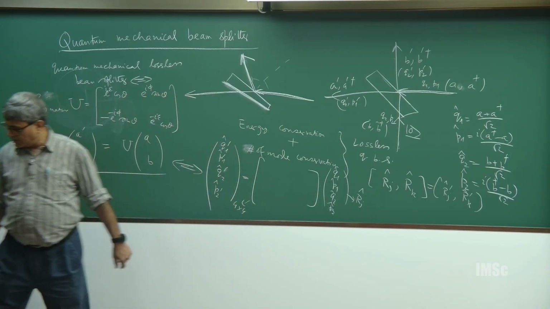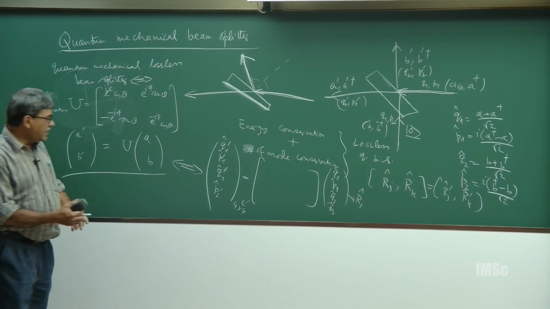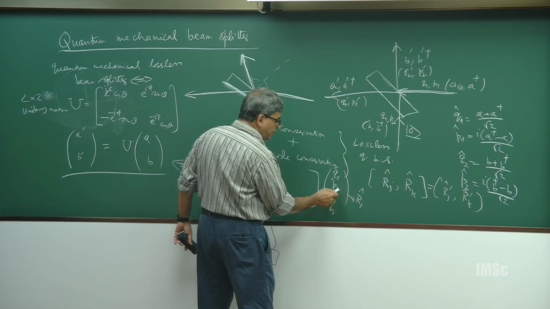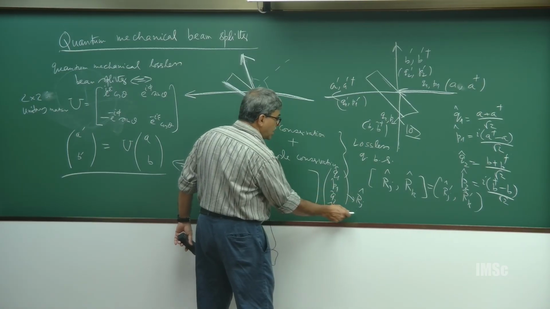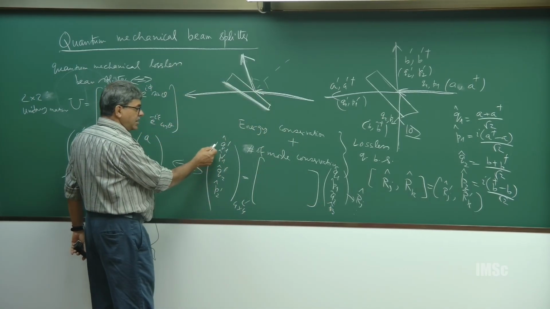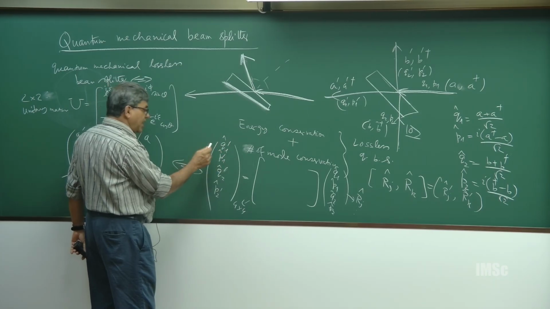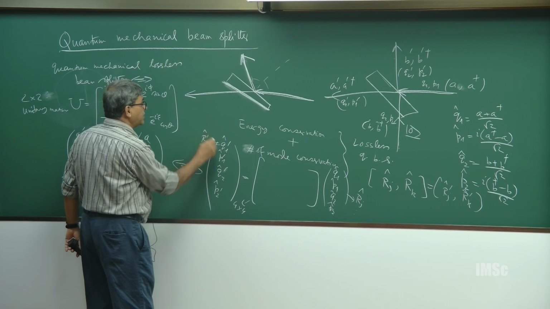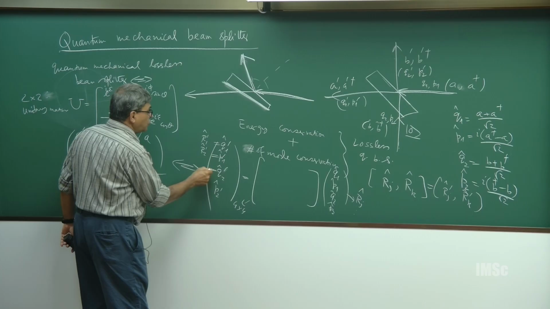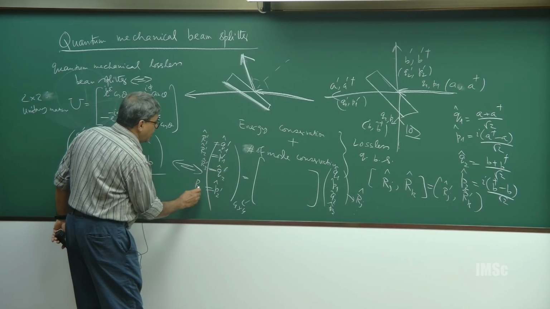Sorry? Can you explain that R j and R k again? You call R1 as Q1, R2 as P1, R3 as Q2, R4 as P2, and similarly on the left hand side you call Q1 prime hat as R1 prime hat, P1 prime hat as R2 prime hat, Q2 prime hat as R3 prime hat, and P2 prime hat as R4 prime hat.